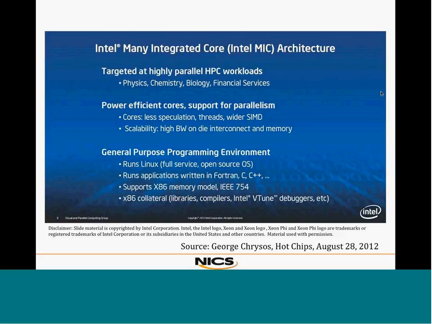They are very power efficient. These cores do not have speculative logic. They don't have some of the other aspects that a regular standard Xeon processor has in it, and as a consequence, it is lower power. It's also only 1 gigahertz, whereas the Sandy Bridge is 2.3 gigahertz.